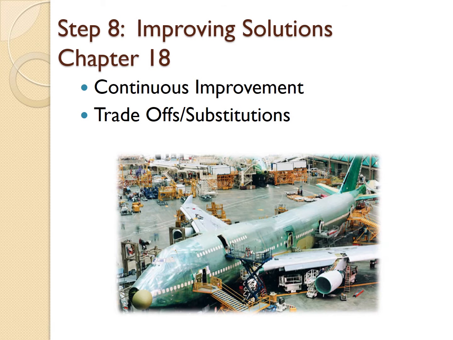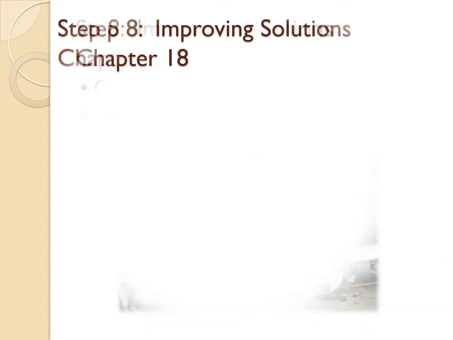I like to call this continuous improvement, because as we design our solutions, we should always be thinking of different ways to continuously improve the solution and make it better. Some things in improving the solution can be additional trade-offs and substitutions, and we explained that before in step number 6 as we are testing our solution. So again, step number 8 is continuous improvement, and it also can include some trade-offs and substitutions.